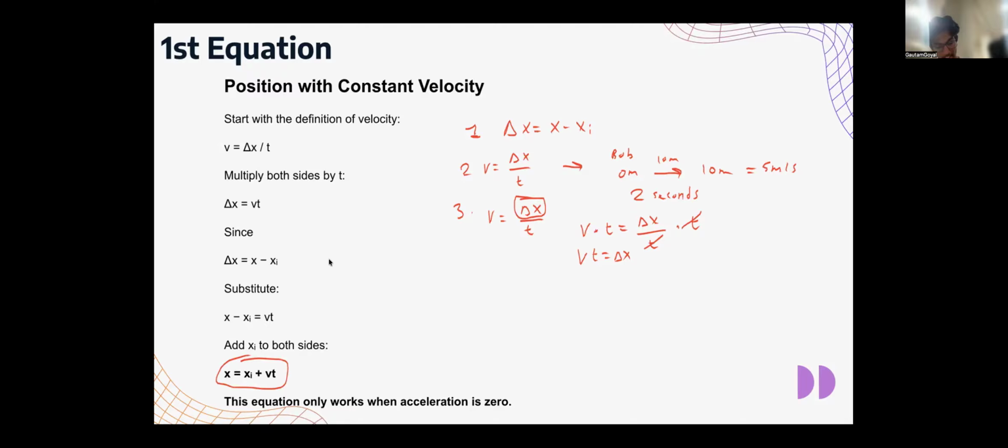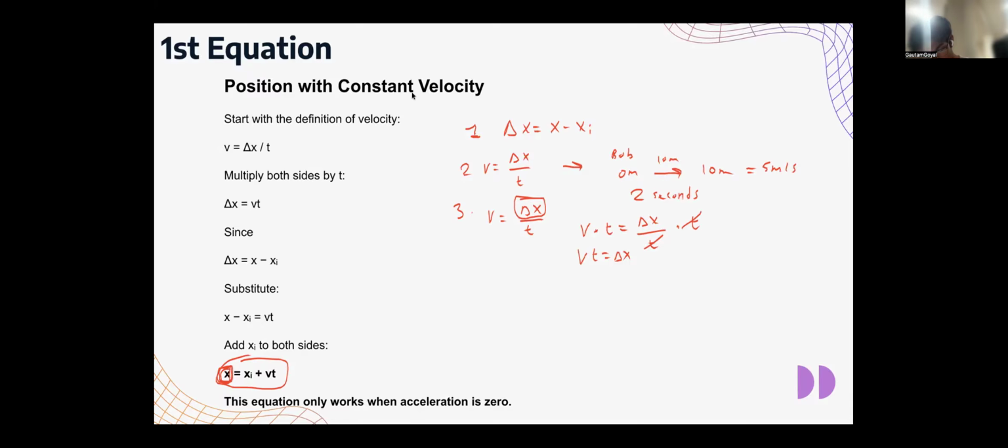We want to get this x alone, and to do that, we have to take steps. So we're going to cancel the t on this x side to try to get this x side alone. Yes? Okay. I know that's where you guys fall apart most, because you don't know why I'm multiplying each side by whatever. I should have clarified earlier, but that is the goal of this equation, right?